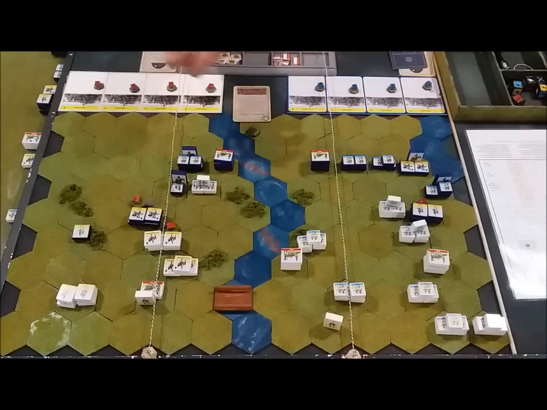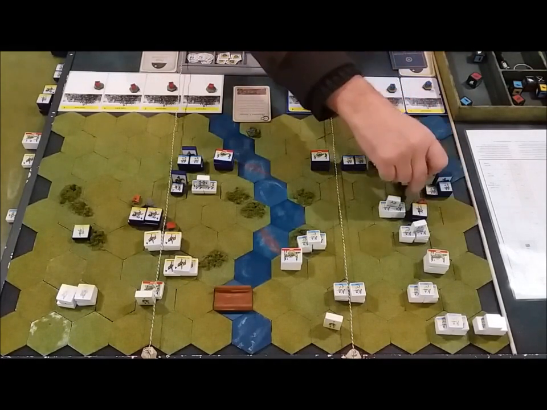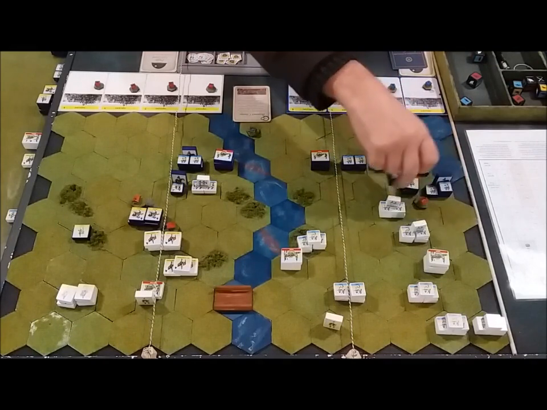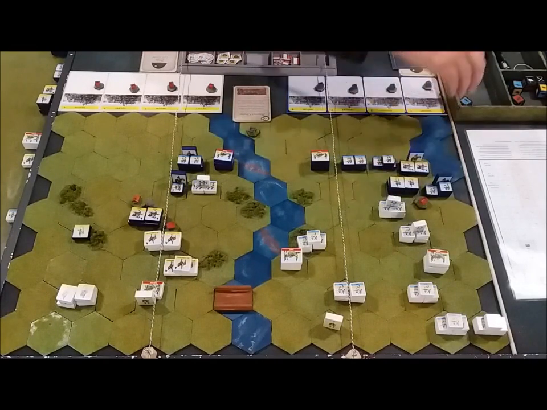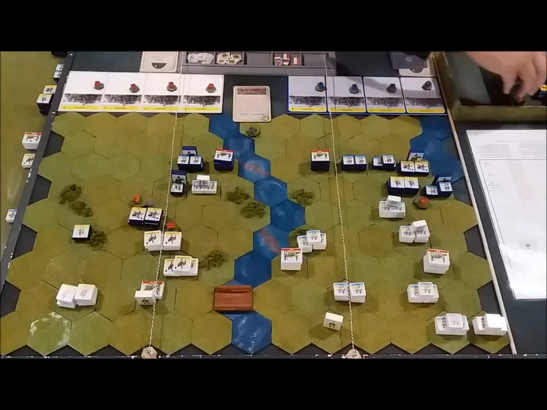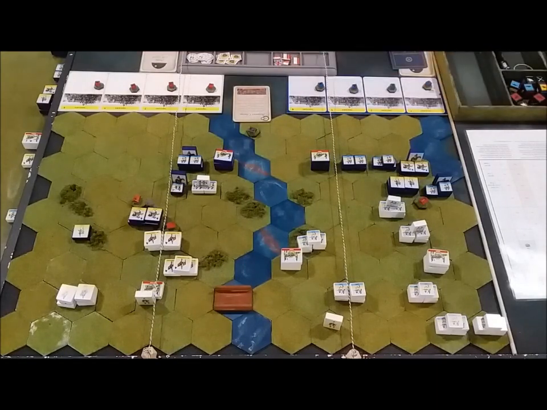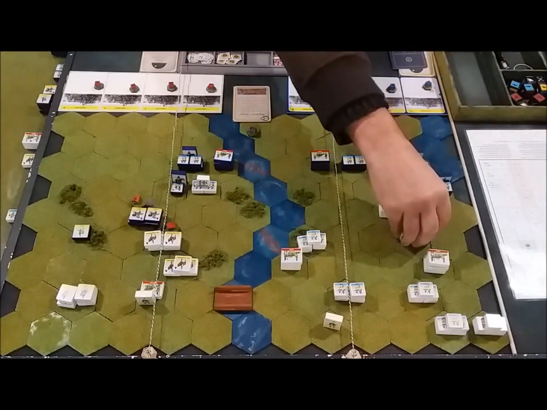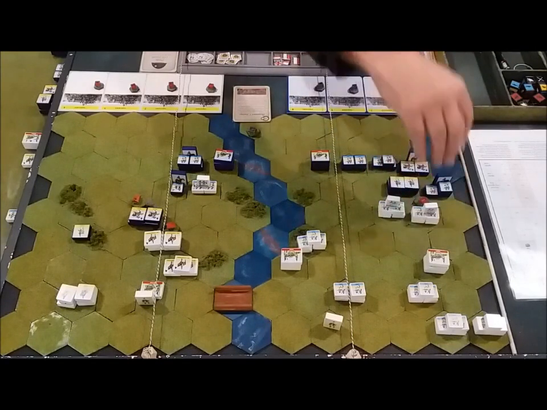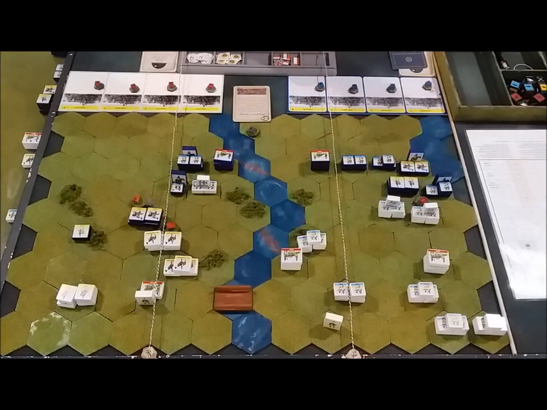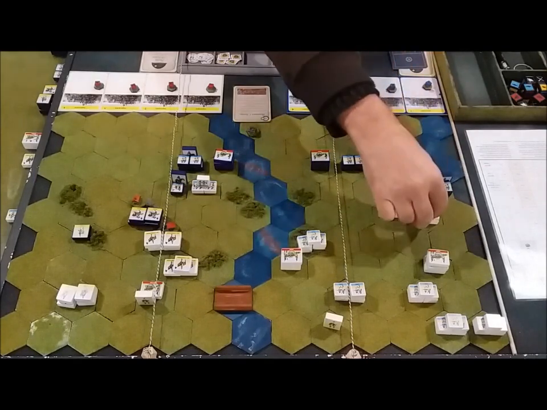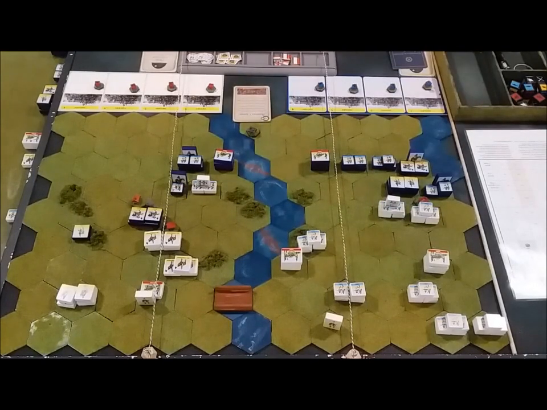So 3 dice into the light cav. And we get 1 retreat. So they retreat back to here. Right. And they can then advance in. Yes. And we've taken that town.